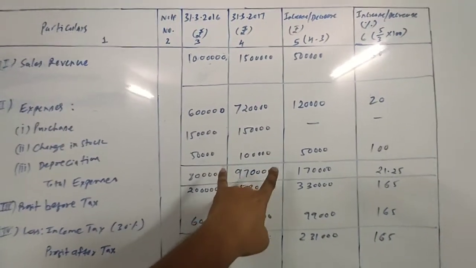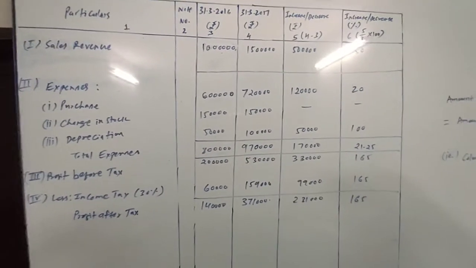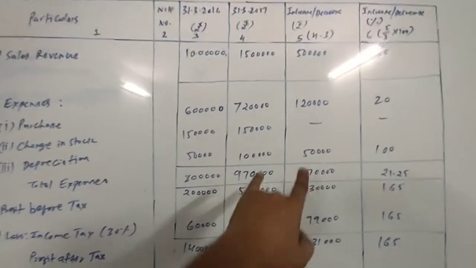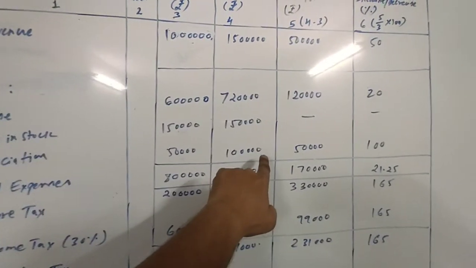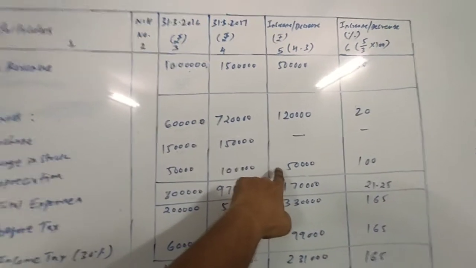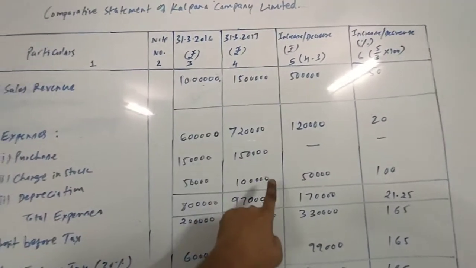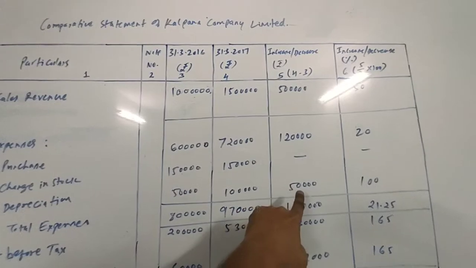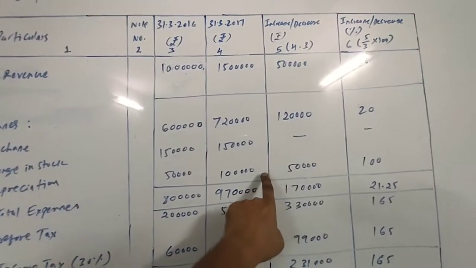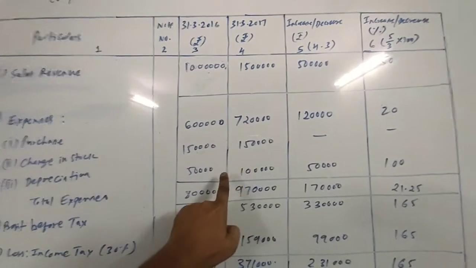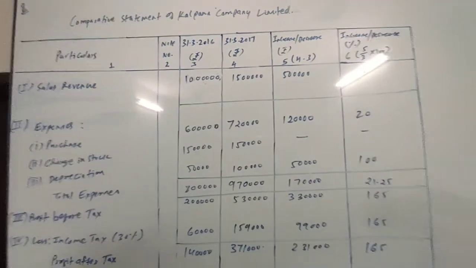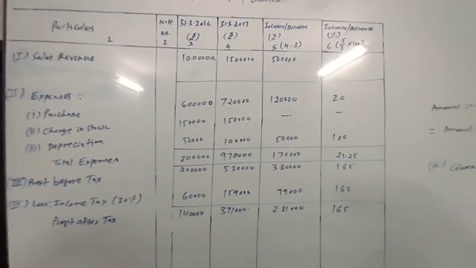Okay friends. Now let us talk about depreciation. Depreciation is given 1 lakh, and the increase is given 50,000. So in the year 2017 the amount is 1 lakh, which is an increase of rupees 50,000. So 1 lakh minus 50,000, 50,000 will be the amount of depreciation in the year 2016.